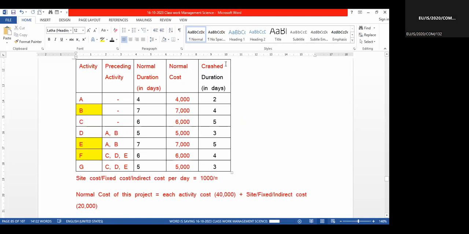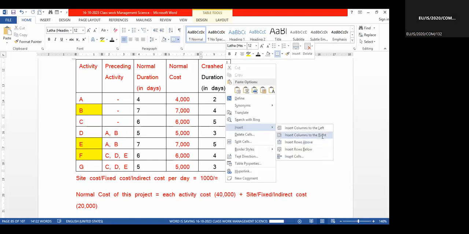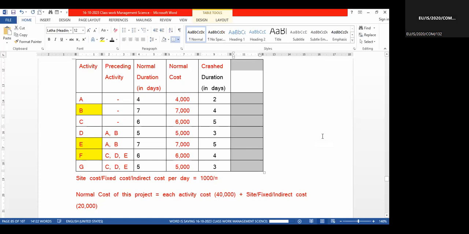Then slowly we move into some difficult areas.